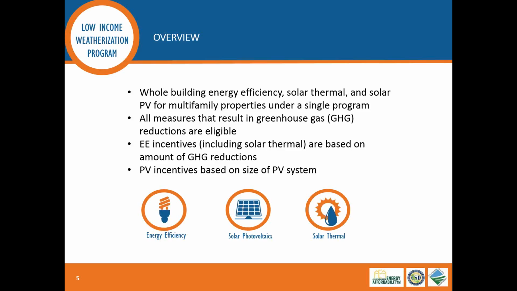This program uniquely offers both energy efficiency incentives as well as incentives for solar thermal and solar photovoltaics. The energy efficiency incentives are structured based on the amount of greenhouse gas reduction potential, and the PV incentives are structured based on the size of the system. We'll go over the details of both of these structures a little bit later in this presentation.